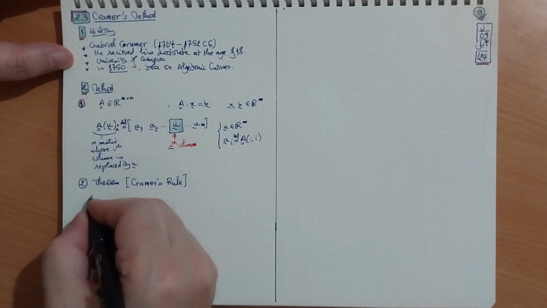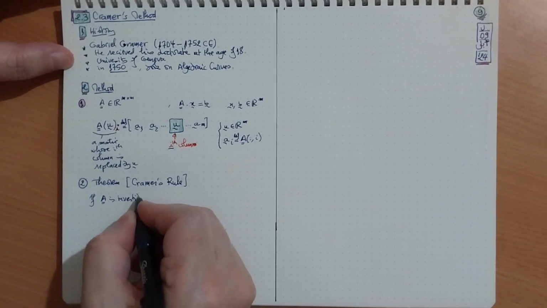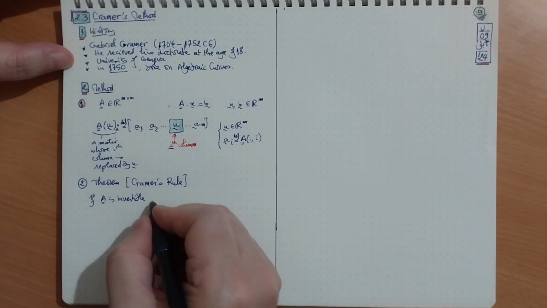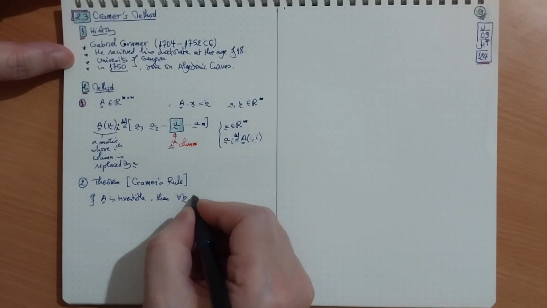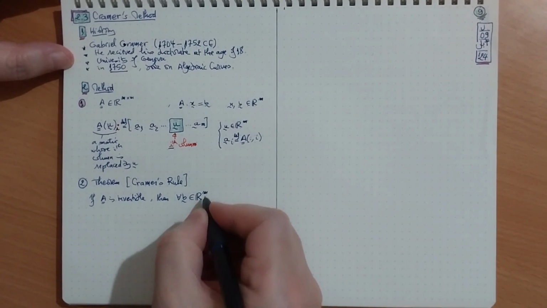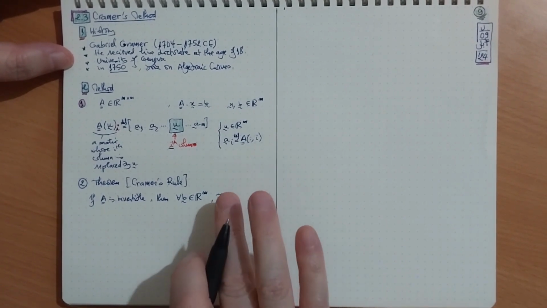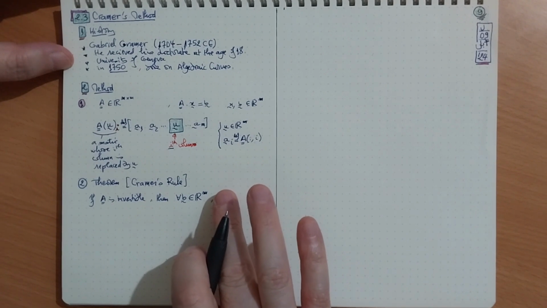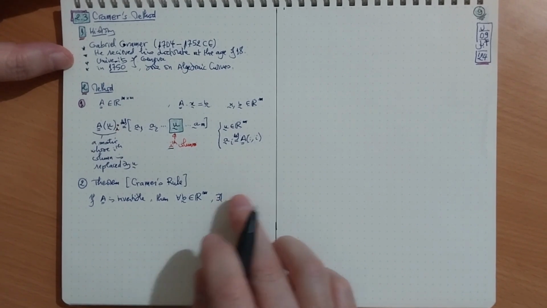So if A is invertible, then for whatever B in R^m, there exists a unique, the symbol without the exclamation mark is called exists, but with the exclamation mark it means there is a unique something.